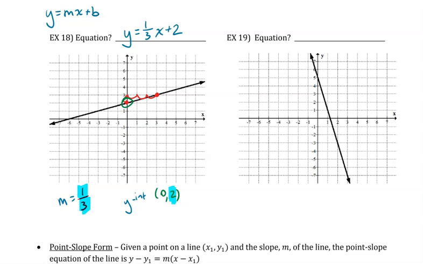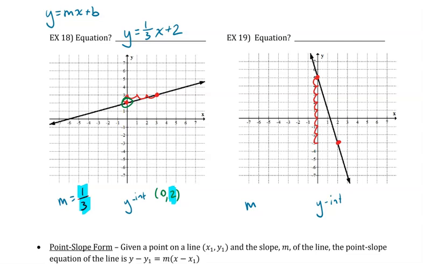All right, we're going to do the exact same thing again for the next one. So again, we're going to need slope, we're going to need y-intercept. For the slope, I'm going to pick two nice points. Then we start by counting how much we're going to have to go down. So 1, 2, 3, 4, 5, 6, 7, 8.